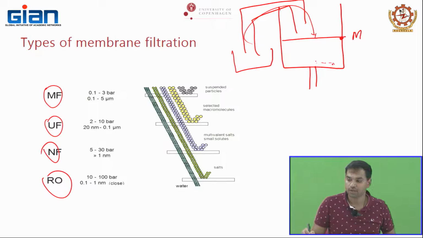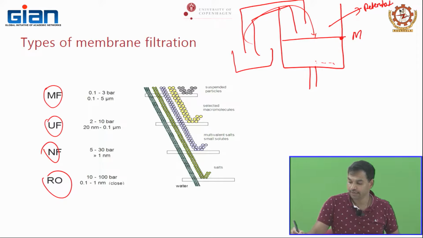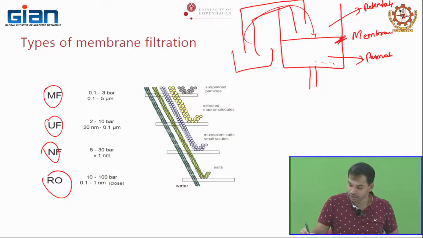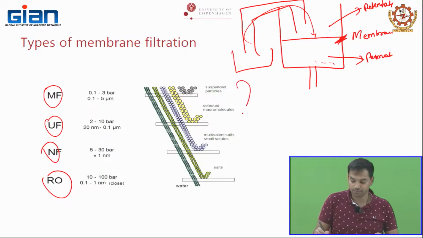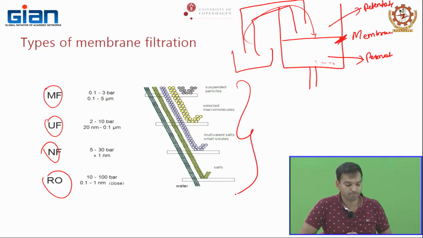Am I clear? The one coming out here is called retentate, and the one here is called permeate. Depending on the type of membrane, we have ultrafiltration, microfiltration and so on.